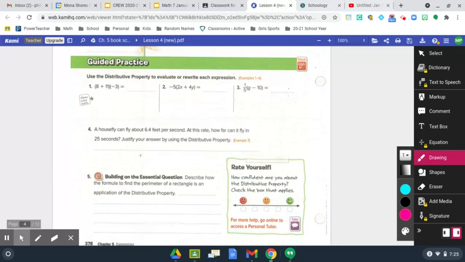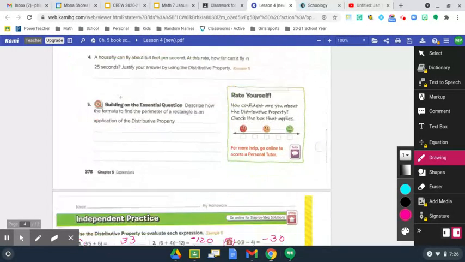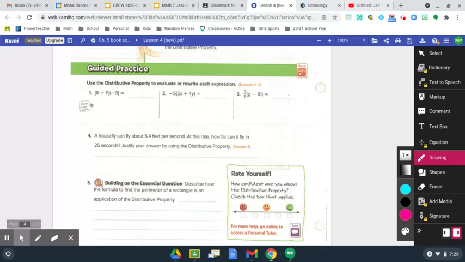So let's take a look at guided practice. We're going to look at 1, 2, and 3 here. Number 1 is very similar to what we did yesterday. So remember I said if there's no variables in here, you can do order of operations. So on guided practice, which is on page 378, I can do 11 plus 8 and get 19.